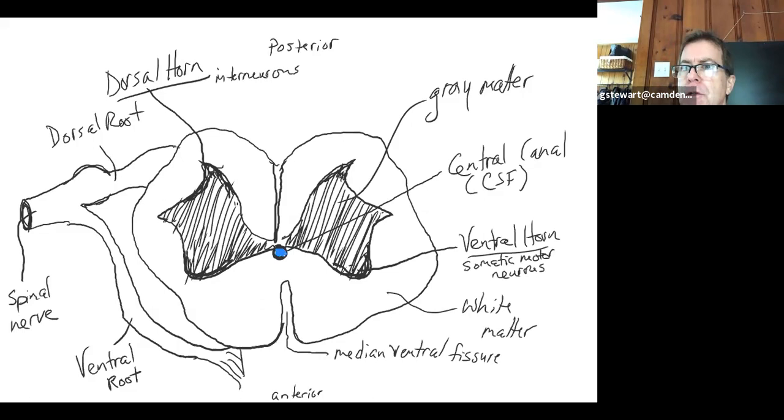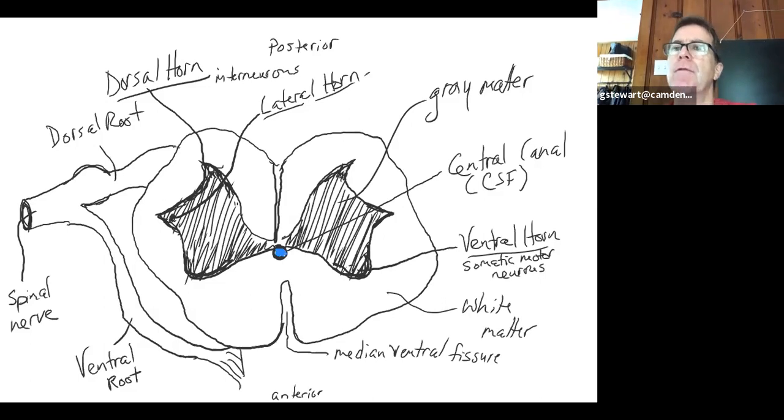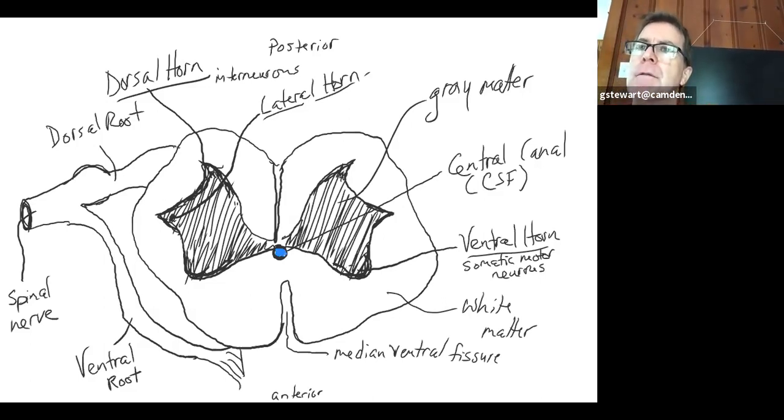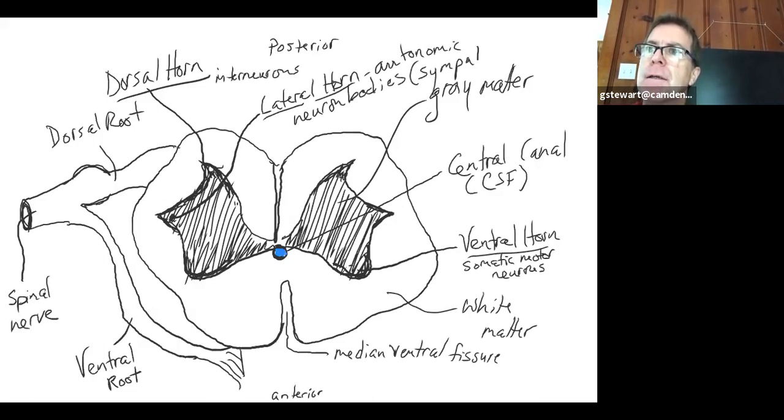The lateral horns, which are out here, I forgot to label those, so I'll do that now. These contain cell bodies of autonomic neurons. I'm just writing autonomic neuron bodies, particularly sympathetic, the fight or flight arm of the autonomic nervous system.